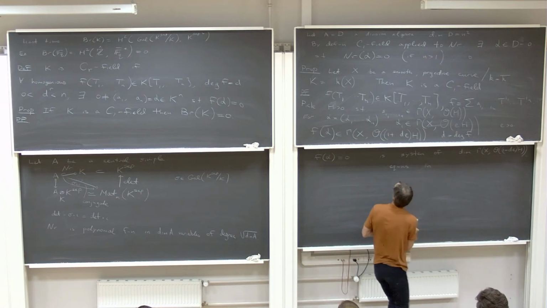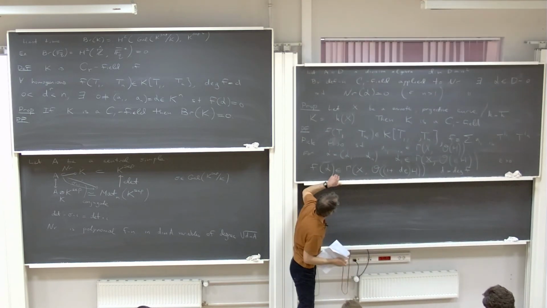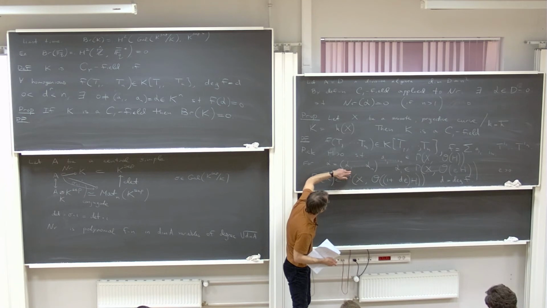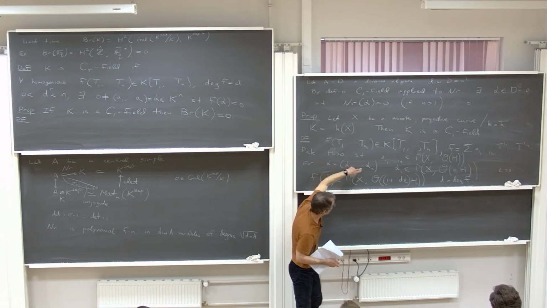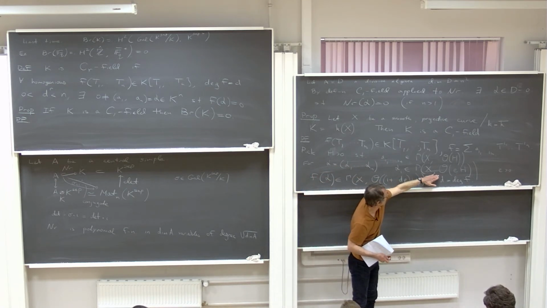Now let's compute the number of variables, so how much freedom I have. My alpha I is any element here.